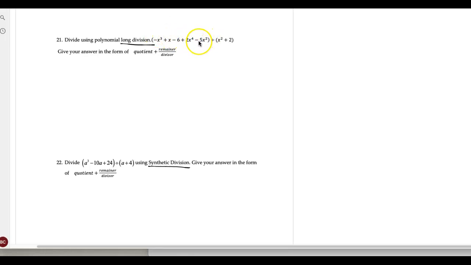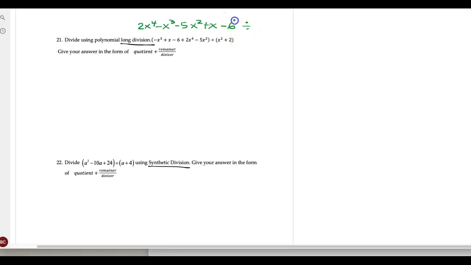The highest exponent is x to the 4th, so I'm going to have 2x to the 4th. Then let's see if there's an x to the 3rd. Yep, so minus x to the 3rd. Then our next one would be x squared. We've got one there, minus 5x squared plus x, and then minus 6, right? So put that all in descending order.